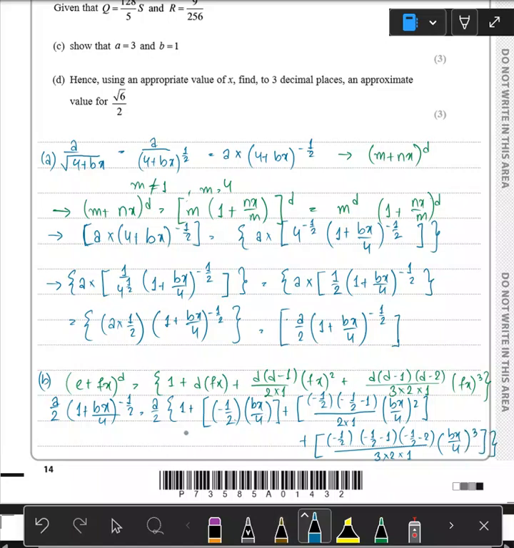Okay. So for our case, I actually should have said this before: e is 1, f is b by 4, x is x, and d is negative half.